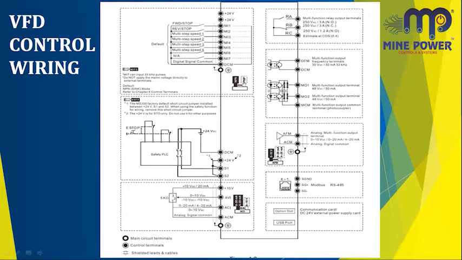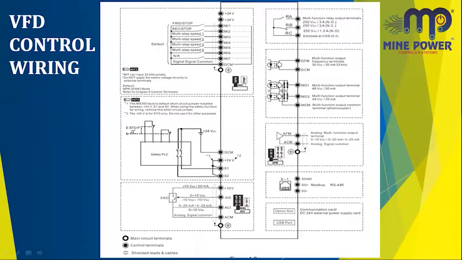Next you see the bottom left corner: plus 10 volt, AVI, ACI, ACM. These 4 are given to the 3-wire system of the potentiometer. It is used to control the frequency of the motor by current or voltage.